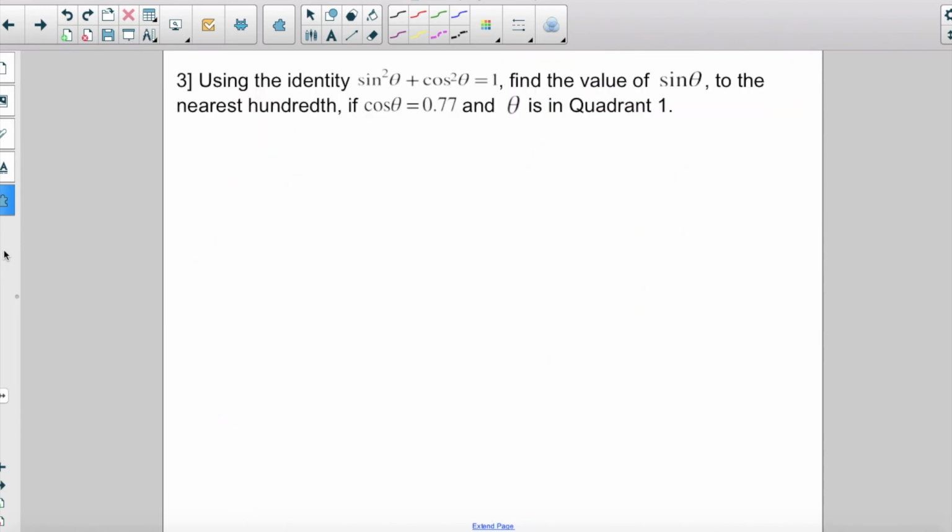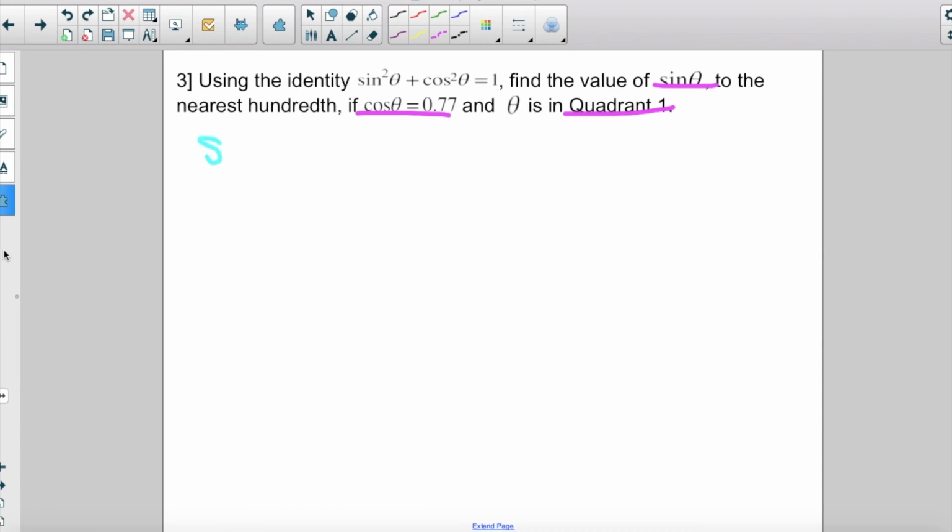Let's get another example in. Using the identity, this problem actually gives it to you. It says, find the value of sine of theta to the nearest hundredth if cosine of theta is 0.77, and we are in quadrant 1. So they tell us to use the identity, so let's start there.